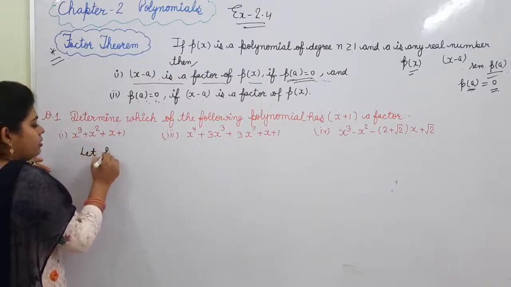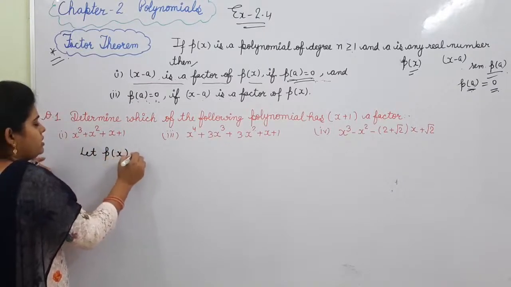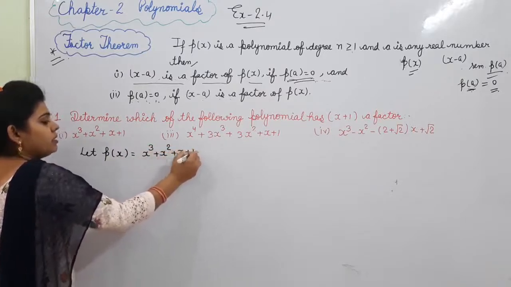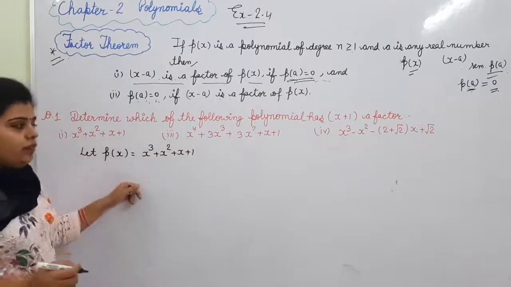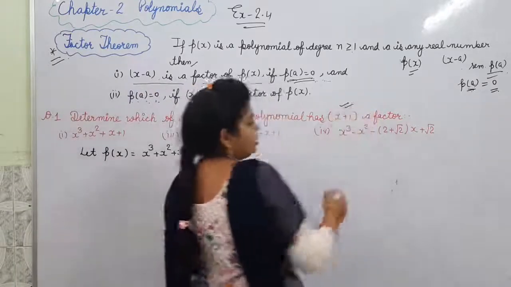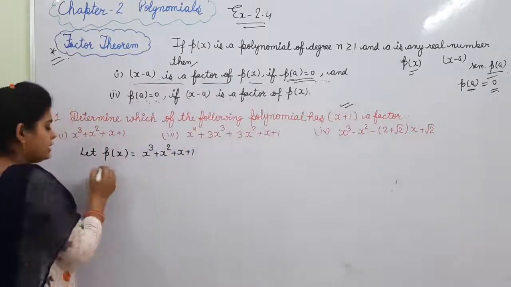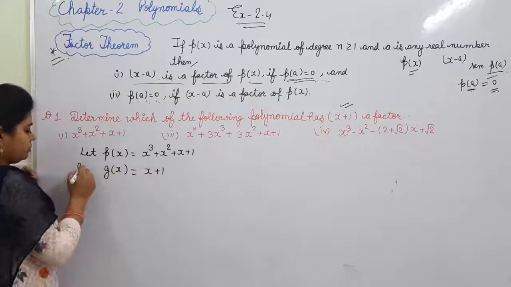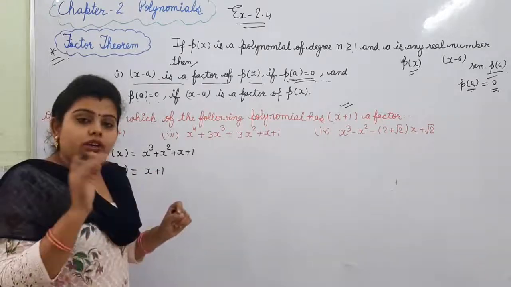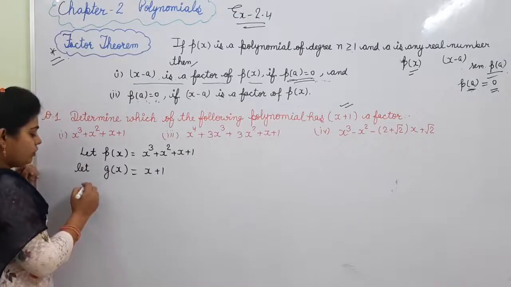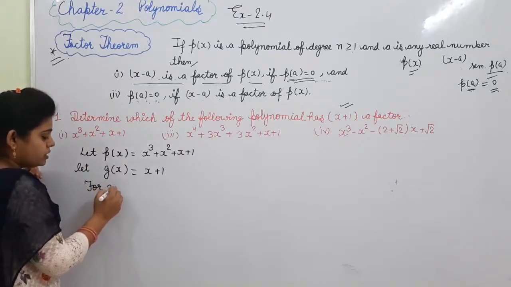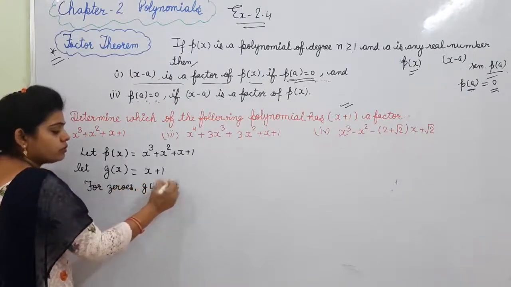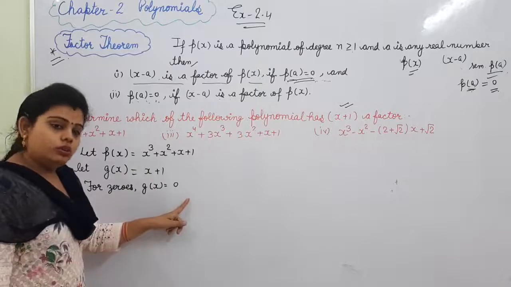Let p of x is equal to x cube plus x square plus x plus 1. Let p of x is this, and we can consider g of x is equal to 0.